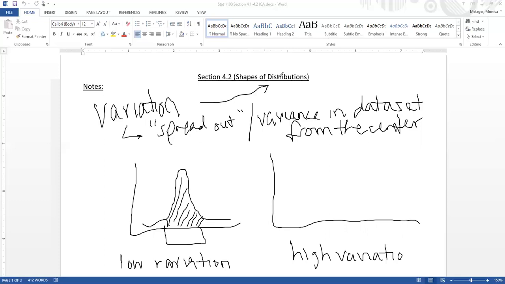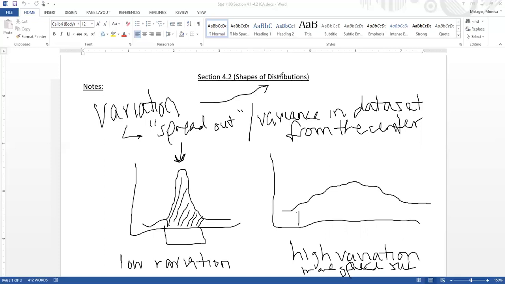If we have a high variation, then what we're saying is that our data is more spread out. So instead of it being centered, it's more spread out, right?